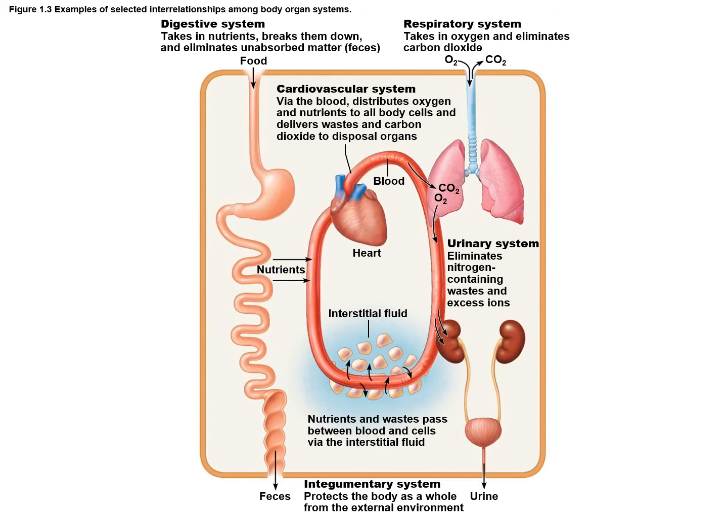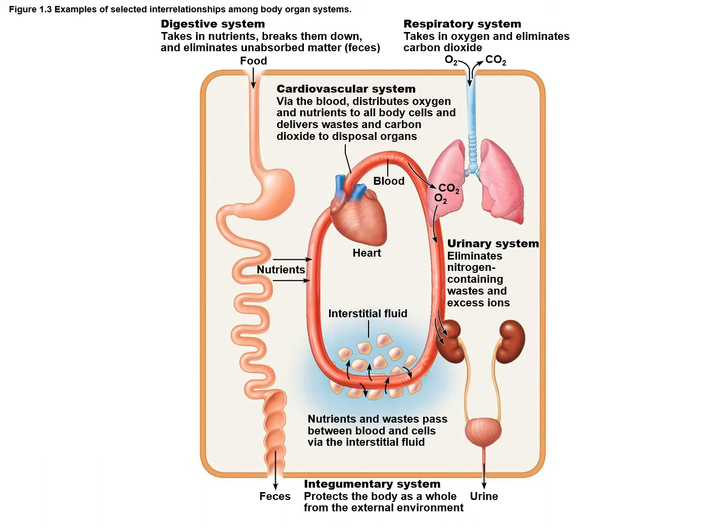Nutrients are taken from the digestive system into the blood, and then from the blood, it's pumped to the heart, to the lungs where CO2 is removed, O2 is put into the blood, and then it goes to the urinary system where you're going to remove those waste products. And you can see those waste products are going to go from the kidney to the bladder and be excreted as urine.